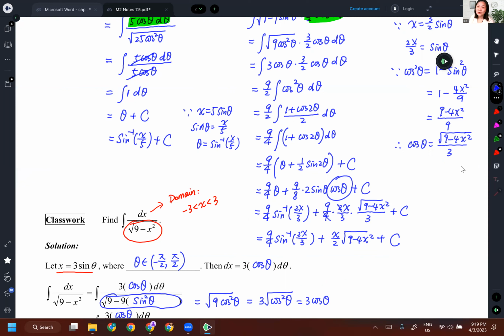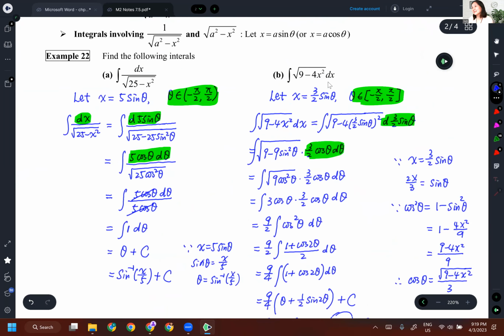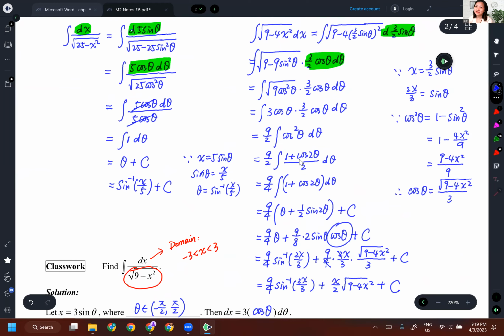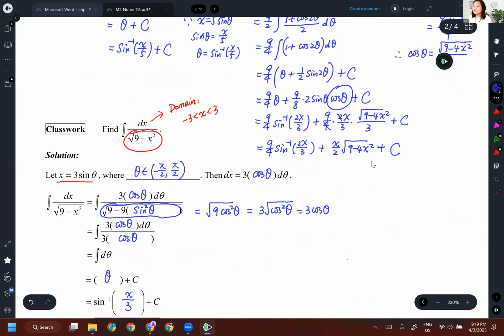Like in these two questions, whenever we have to figure out cosine, because cosine is always positive in this case, you never have to take the negative root. So as a shortcut, you can say, I don't have to consider the negative root. You can also say that. But to really understand why the negative root is not there, it's another story.